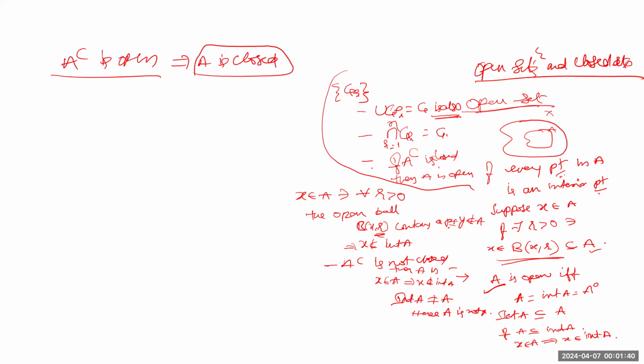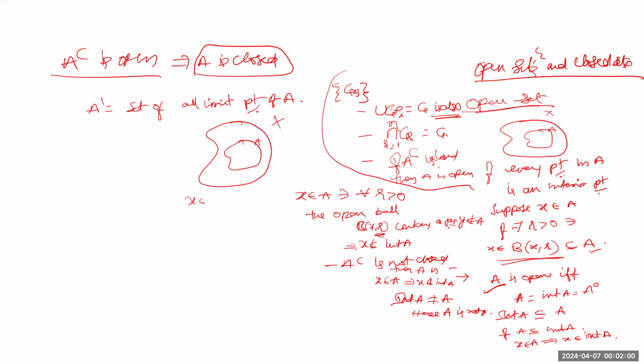And we know that A prime is equal to the set of limit points of A. What is a limit point? This is a metric space X, and A is a subset.